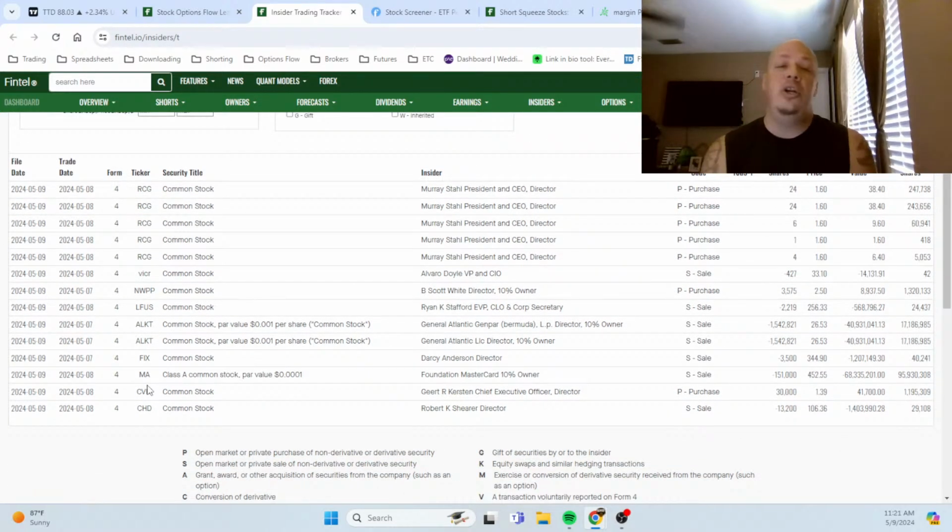So, insider trading tracker. Why is this important? Insiders have the ability to move the market. It's not necessarily because they are trading so much volume. It's because they create confidence or skepticism based on their movement.